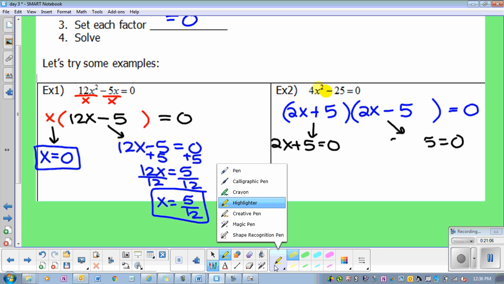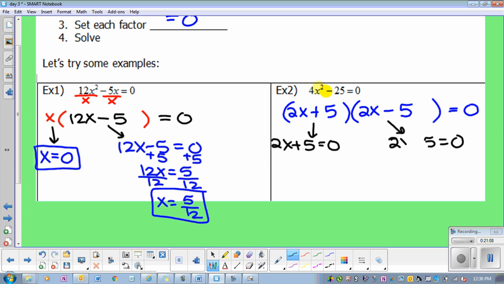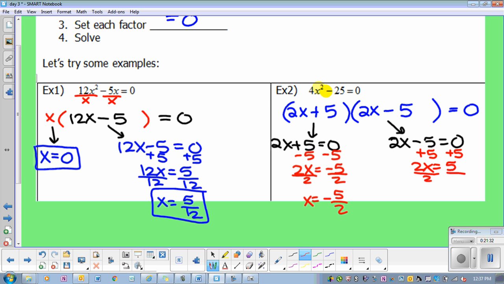Okay, now let's solve. 2x equals negative 5, divided by 2, x equals negative 5 halves. And over here, add the 5, 2x equals 5, divided by 2, x equals 5 halves, right?